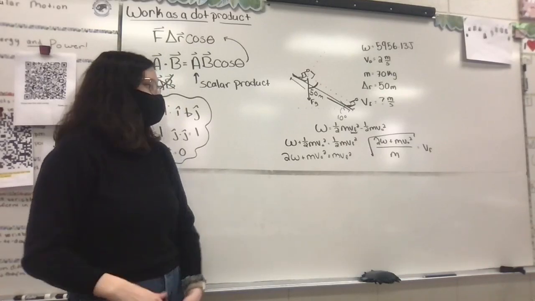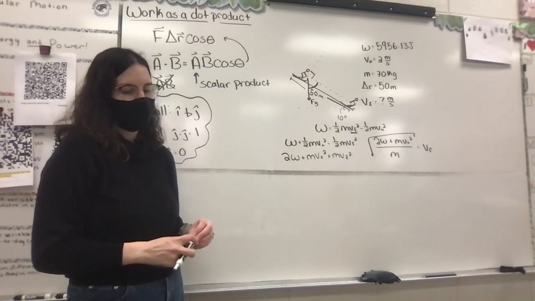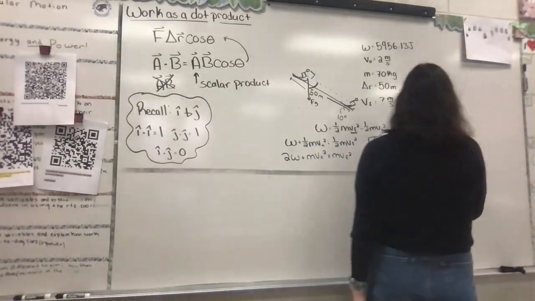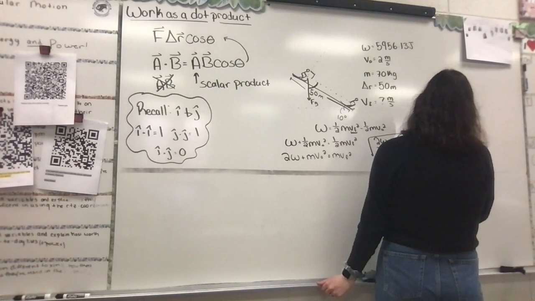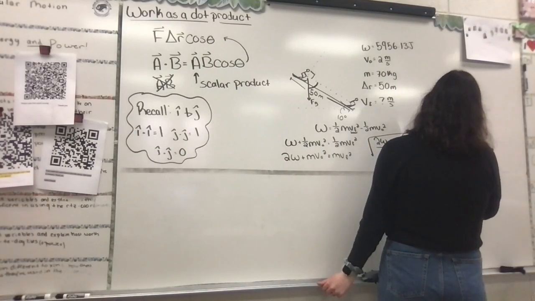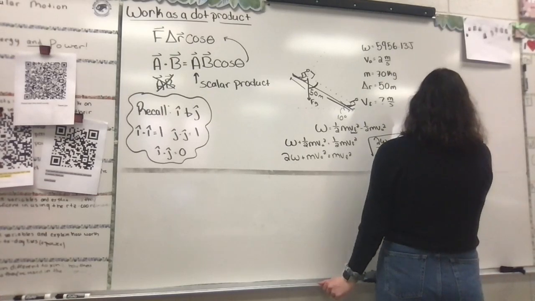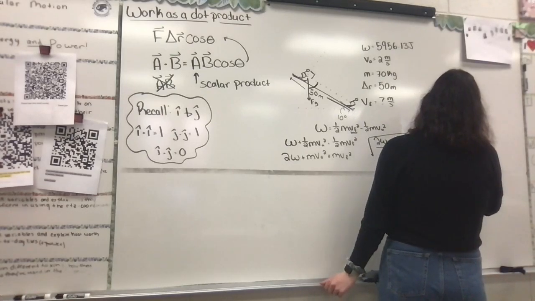There is one way you could further simplify it if you wanted to, but you don't have to. We got 13.2 exactly. Yeah, I got that. 13.20 meters per second.